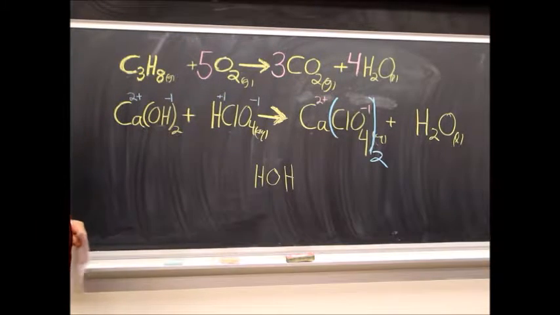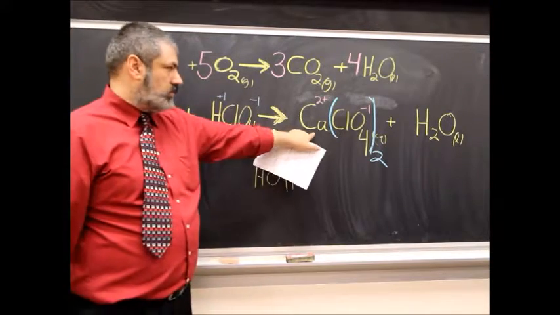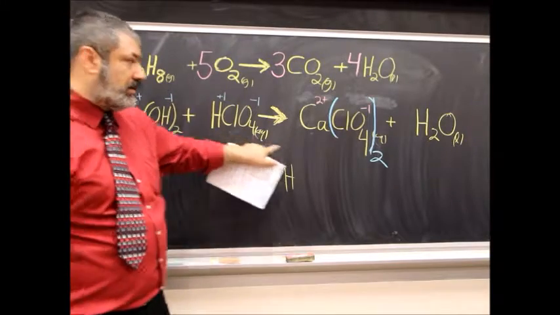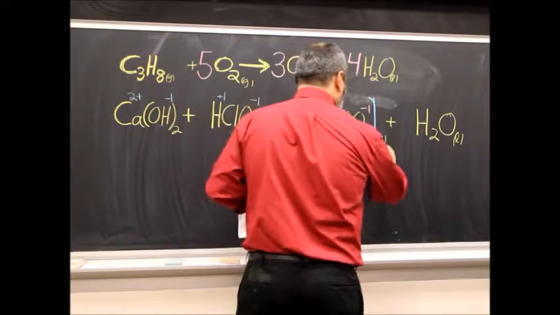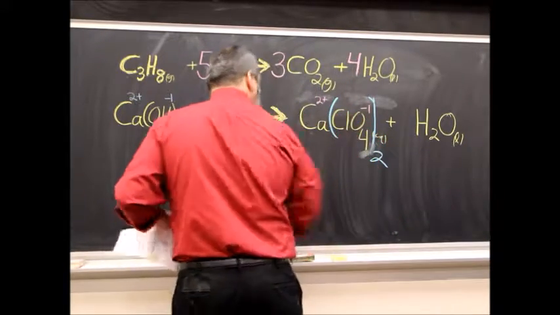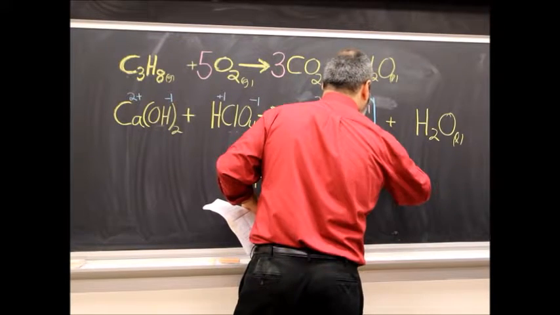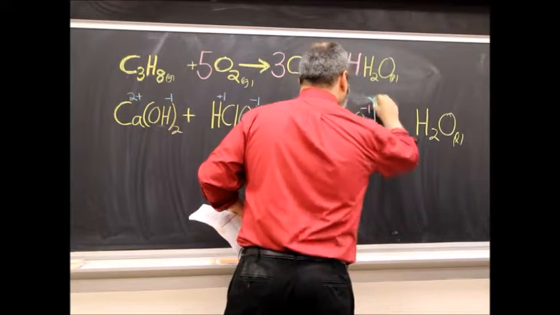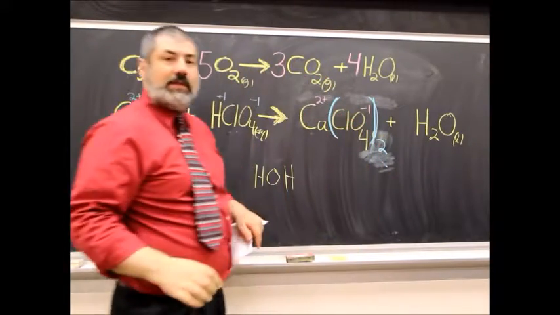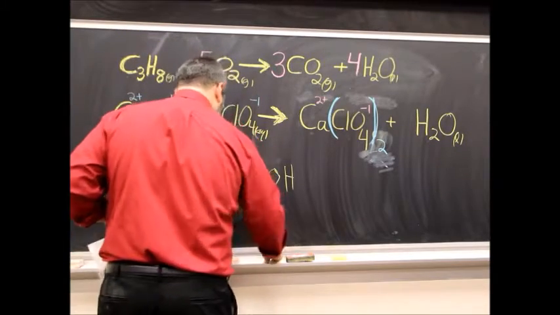So now we have to balance it. We have 1 calcium, 1 calcium. That's fine. We have 1 perchlorate. Notice we have 2 perchlorates. Kind of running together. That's fine. Aqueous. I'm using different colors simply to try and differentiate the numbers. That way it doesn't look like I just wrote 42.